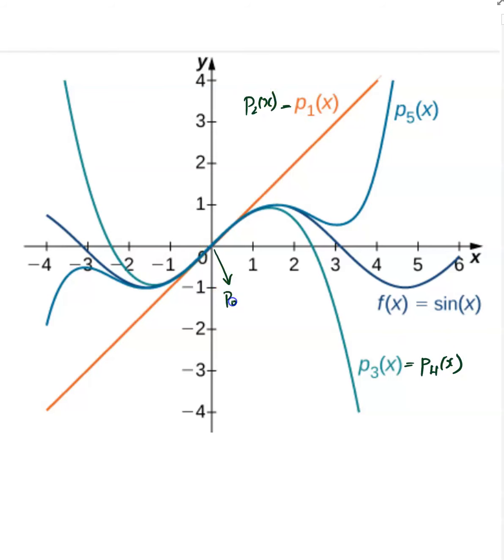And that's P0 of x, which was 0 itself. And P5 is the same as P6 of x. And P5, we extended, right? So we got that as the 5th degree. And so that's the graph of 5th degree. And notice that in all these cases, a point of interest is at 0. This is a Maclaurin series. At 0, they all pinch at the same point.